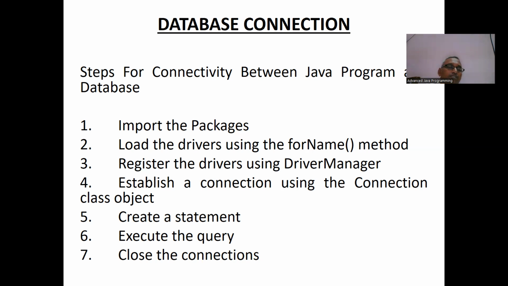Step 5, execute query. Now comes the most important part, that is executing the query. The query here is an SQL query. Now we know we can have multiple types of queries. Some of them are as follows: the query for updating or inserting into a table in the database, and the query for returning data.